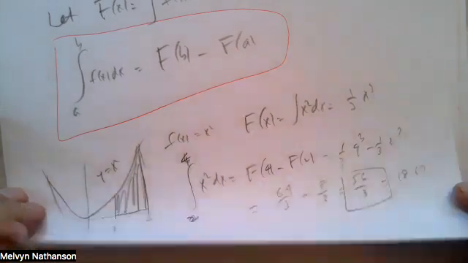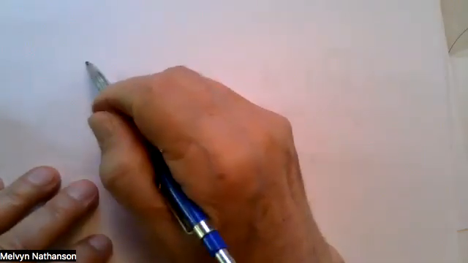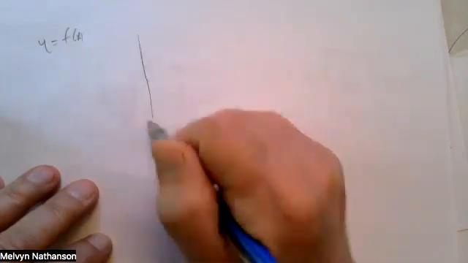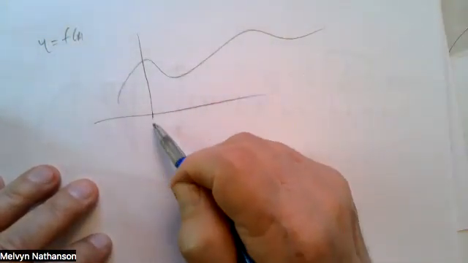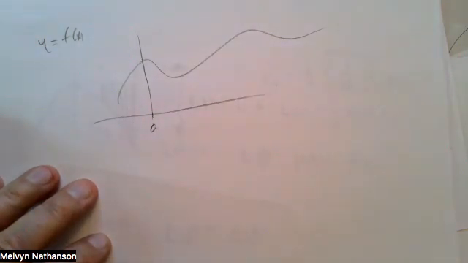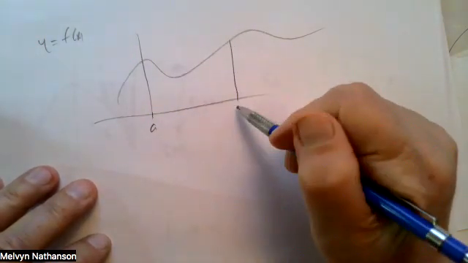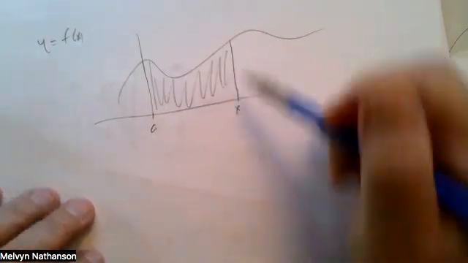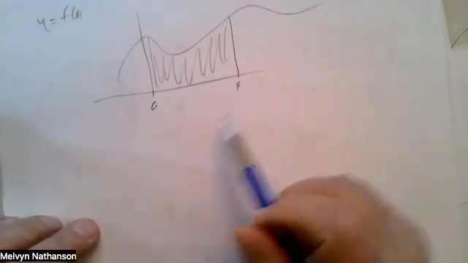Now, there's a second form of the fundamental theorem, which is also extremely interesting. So suppose I have some function y equals f of x. Let's say this is the curve, the graph of the function. Say this is x equal to a. And suppose I pick some number x, and I want to know what is the area under the curve from a to x.